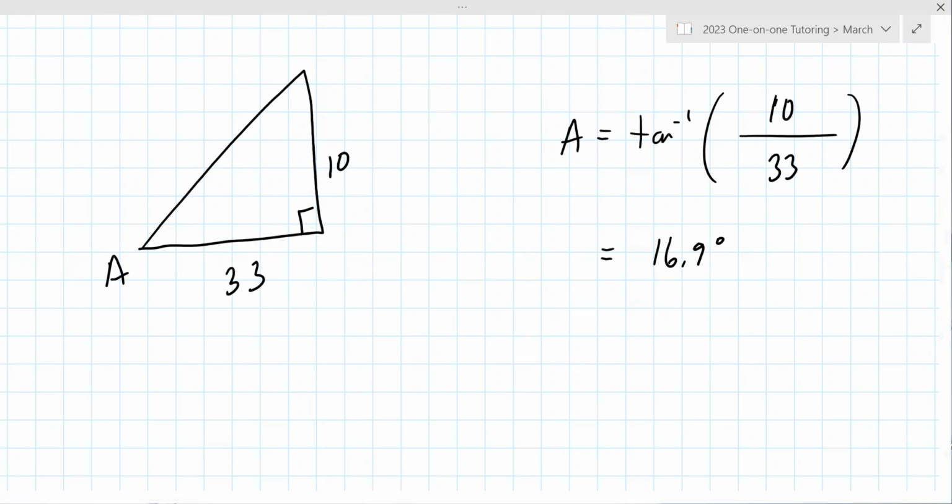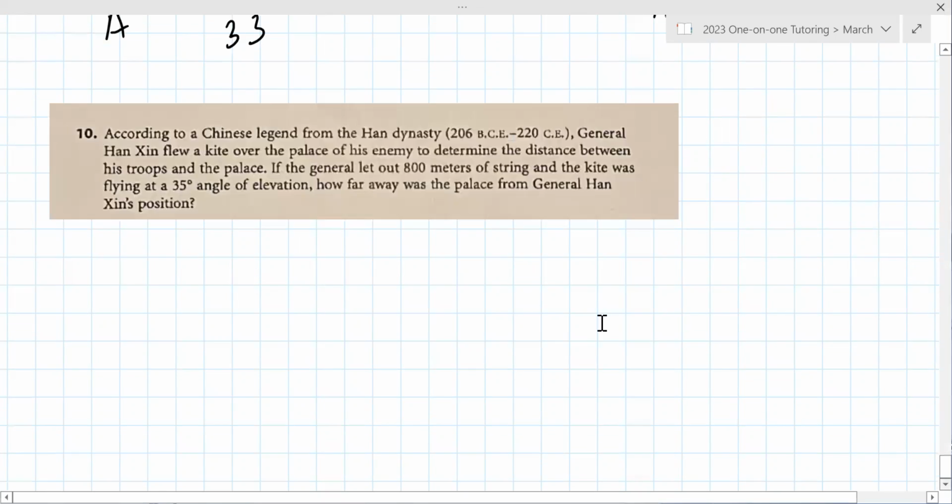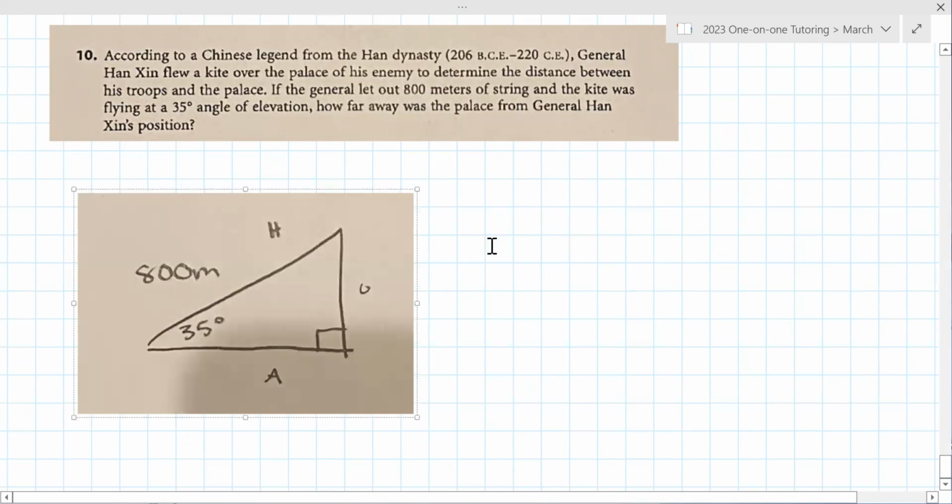Okay, so we're gonna look at number 10 on your sheet there. And your picture is perfect. Okay, so here's the picture you made. Looks perfect here.